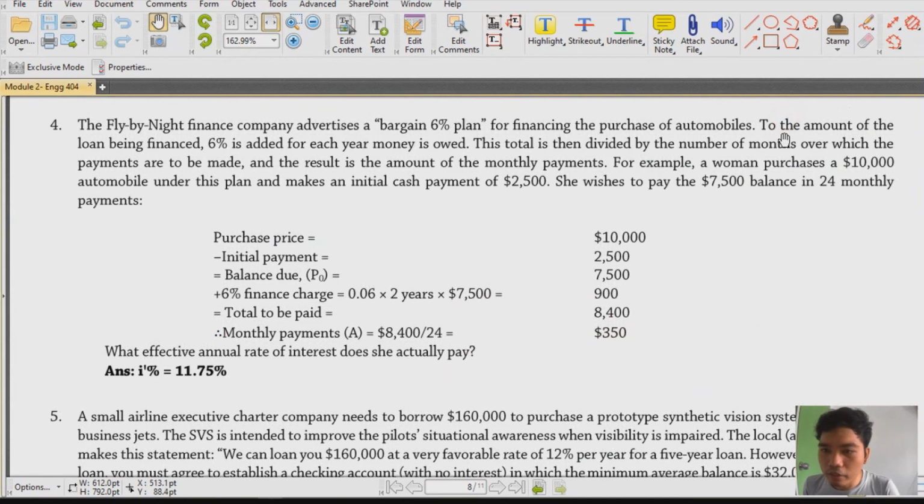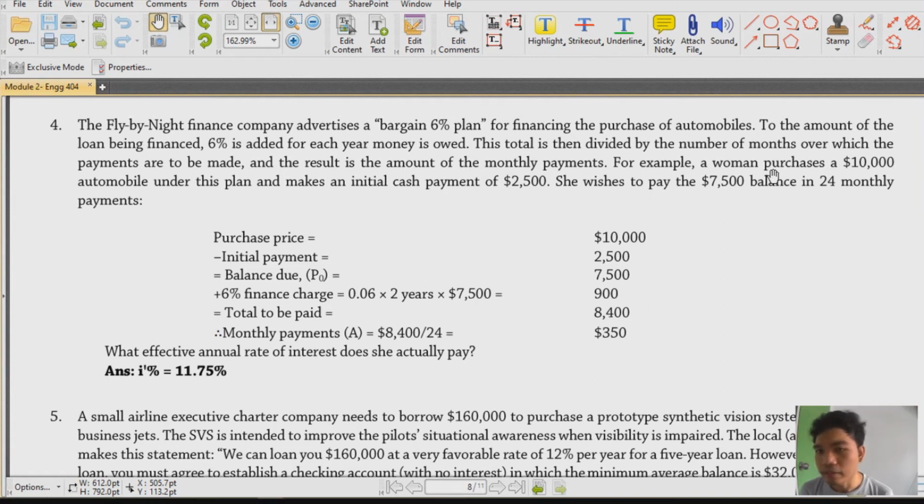Now, I think this is another computation ulit ng interest rate na nagkamali. The fly-by-night finance company advertises a bargain 6% plan. So, ito sabi ng company, 6% yung aming interest rate for financing the purchase of automobiles. To the amount of the loan being financed, 6% is added for each year money is owed.